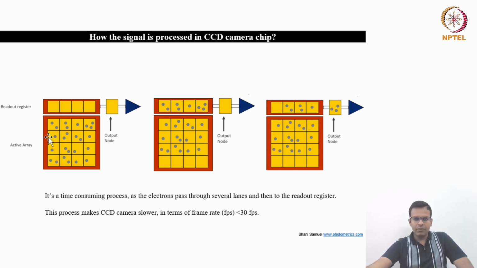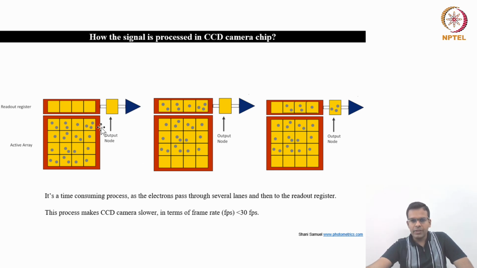So what happens once these electrons are produced? These electrons move to this readout register one by one. So first, this row of pixels will send the electrons to this readout register. Then the readout register will send these electrons to the output node one by one, and it will count the number of electrons per pixel. And then the computer knows that each pixel received this many photons or electrons.